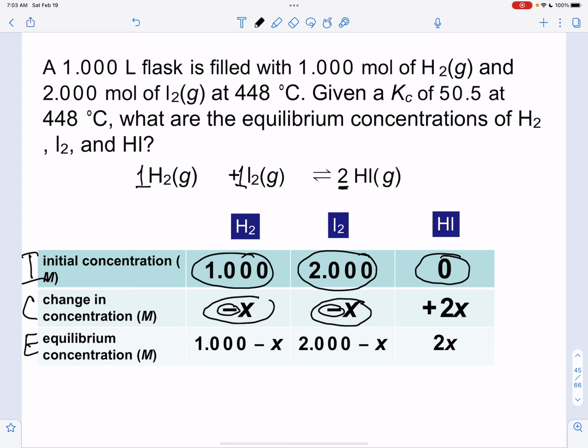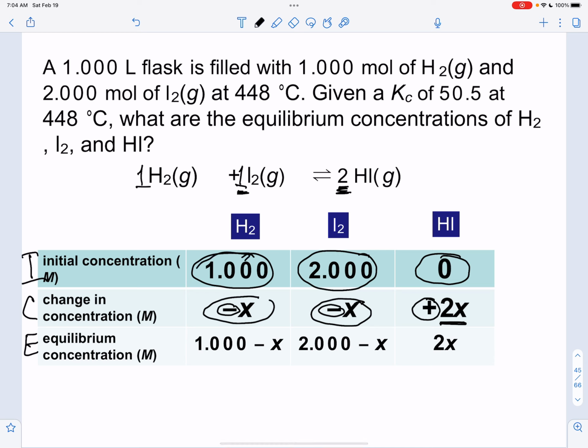However, this is 2 to 1. So for every 1 mole of H2, you produce 2 moles of HI. For every 1 mole of iodine, you produce 2 moles of HI, or hydrogen iodide. So therefore, there's a relationship of 2 to 1 for the product. So that's what you have, plus, because it's being created, it's being produced, and it's twice as much of what you're going to consume of that.